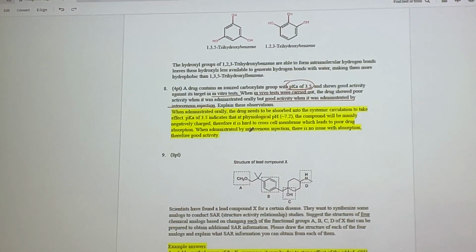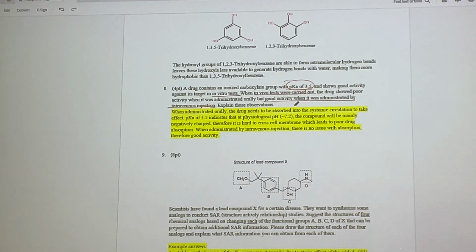That means it's highly charged, so it will be very hard to cross the cellular membrane, because the cellular membrane is very hydrophobic. It doesn't interact well with ionic charges.